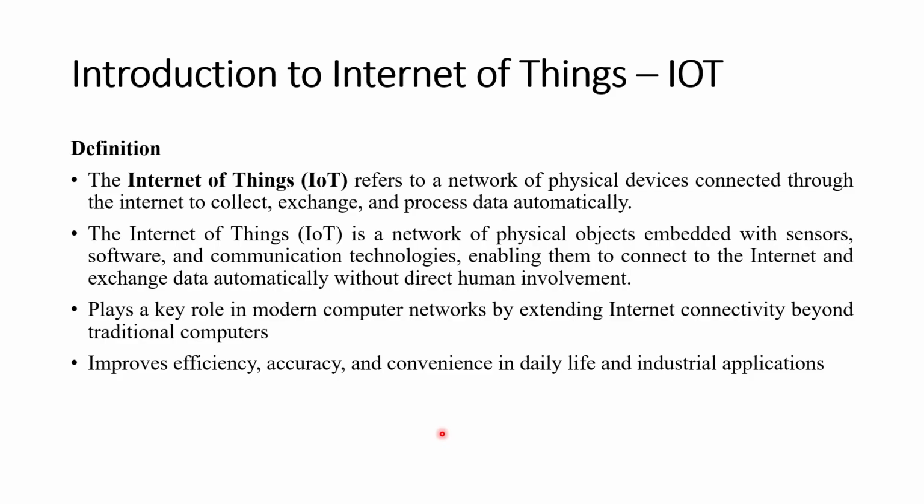Let's go into the topic and see the introduction. First, the definition. The definition of Internet of Things refers to a network of physical objects that are all embedded with sensors, software, and communication technologies, enabling them to connect to the Internet. So, if we have Internet only, we can make a normal device into an IoT device, right? Them to connect to the Internet and exchange data without direct human involvement.